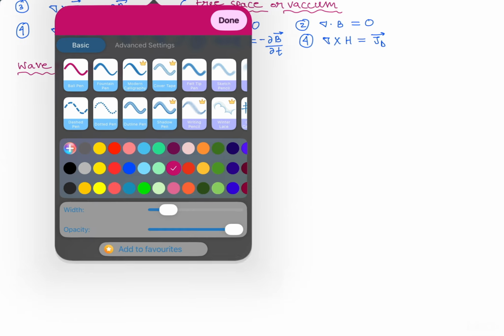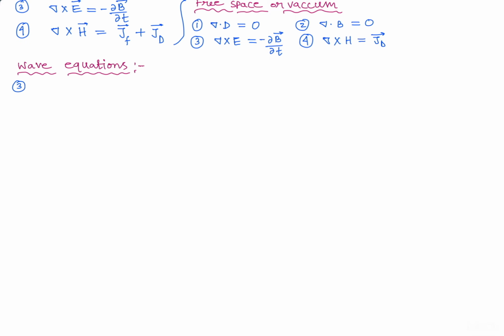If we take curl of Maxwell's third equation, then it will be curl of curl of E equals minus del t of curl of B. So we know curl of curl of E equals grad of divergence E minus grad square E, equal to minus del t of curl of B.